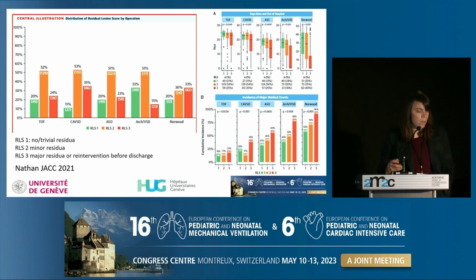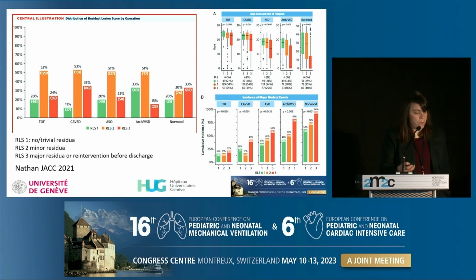On the left of the screen, you have the 5 congenital heart diseases that they've studied. You have Fallot, you have complete AVSD, you have arch and VSD, and Norwood. You can see that the residual lesion score of 1 is no or trivial residual, 2 is minor lesion, and 3 is major lesion or reintervention before discharge.